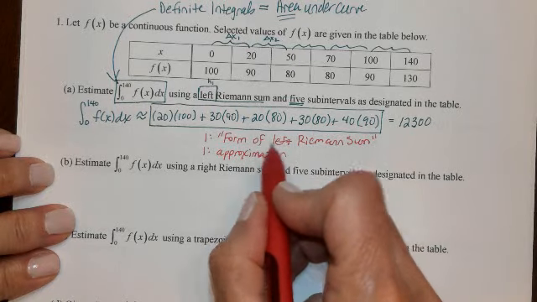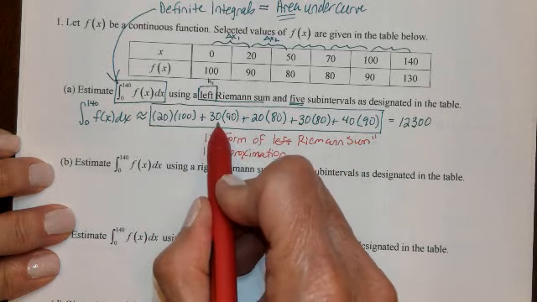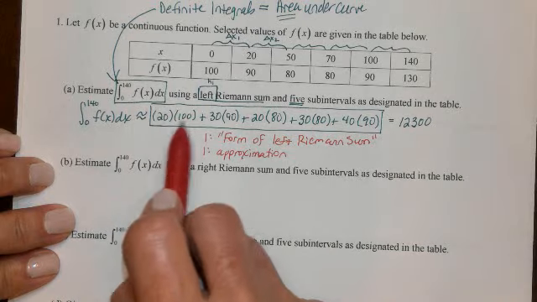The form of a Left Riemann sum is base times height plus base times height plus base times height. They need to see that, okay? So when you're writing this first number, do not say, oh, this is 20 times 100, so that's 2,000, and so you just write 2,000 there.